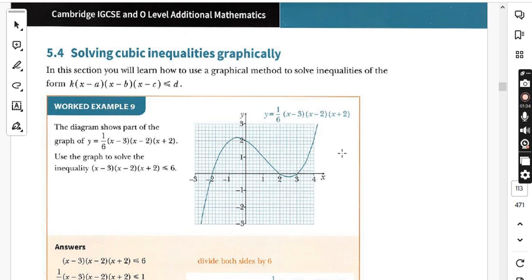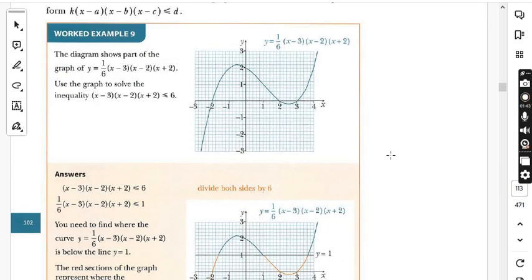Let's start the concept. Solving cubic inequalities graphically. First, see worked example number 9. The diagram shows part of the graph of y equals 1 over 6 (x minus 3)(x minus 2)(x plus 2). Use the graph to solve the inequality (x minus 3)(x minus 2)(x plus 2) less than or equal to 6.